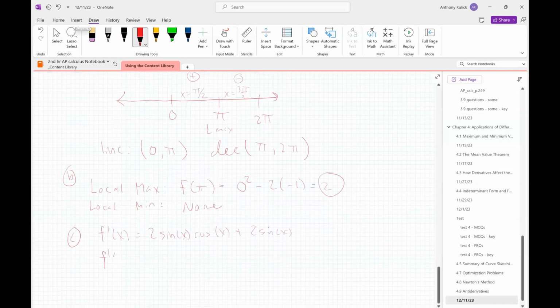To do the second derivative, I'm going to have 2 sine x, and then the derivative of sine x is negative cosine x, plus the derivative of sine x is cosine x, and then times cosine x, and then plus 2.